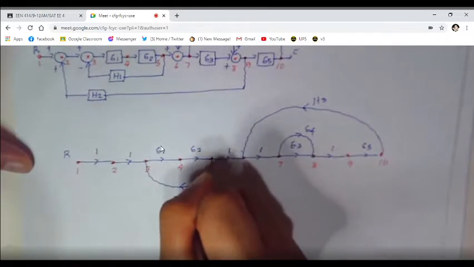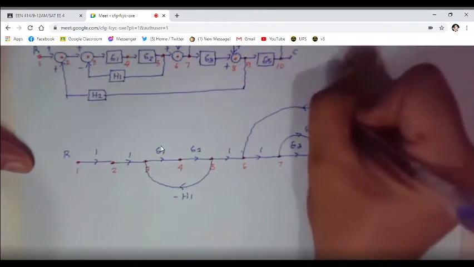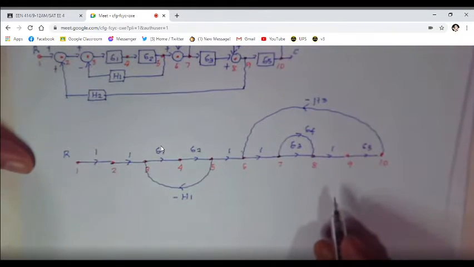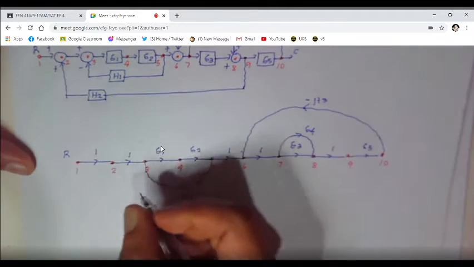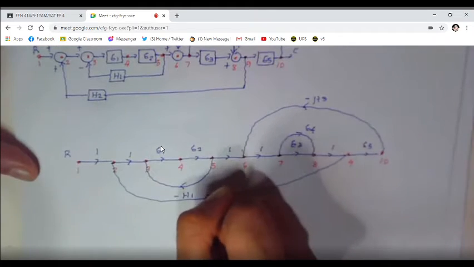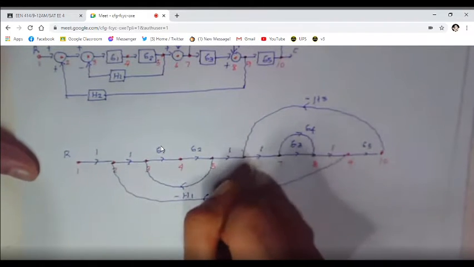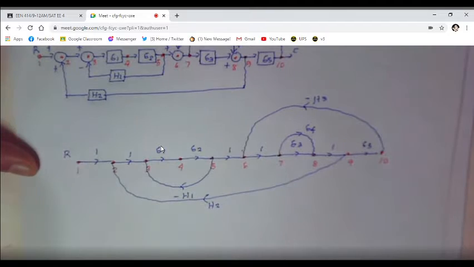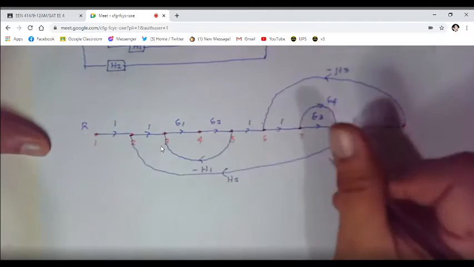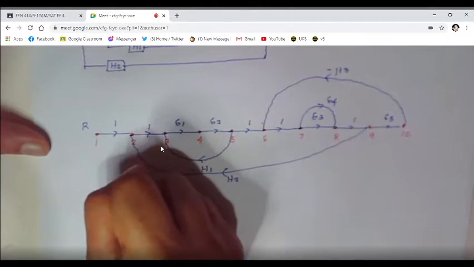You have negative H1. Negative H3 din yun, kasi negative. Then, between 2 and 9, 2 papuntang 9. So, you have positive H2. Meron pa ba? Ayan. H3, G4, H1. Ayan na yan. So, forward path. Ito na lang. Forward path.